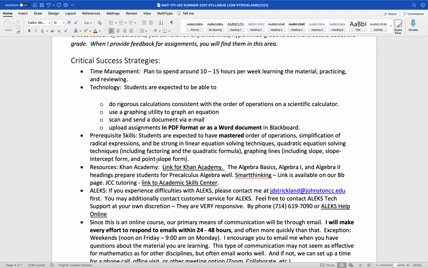For the course, there are critical success strategies, like how much time to spend with the course material, as well as the various types of technology that might be entailed for Math 171.